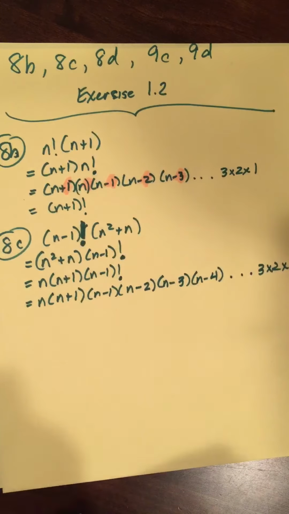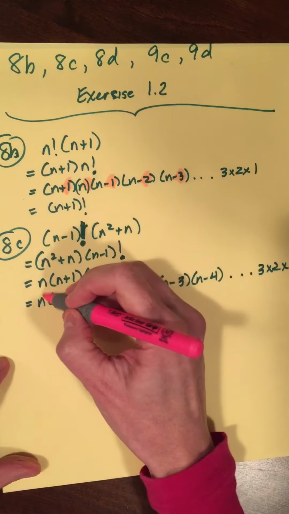Okay, let's take a look. 0, 1, negative 1, negative 2, negative 3, negative 4, and so on. It's not in the right order. The numbers need to be decreasing by 1. What if I wrote it like this?